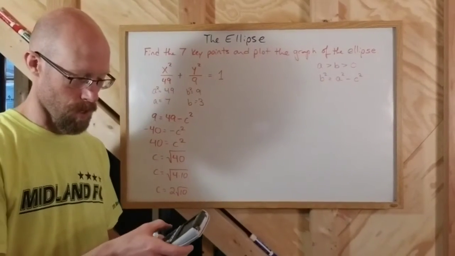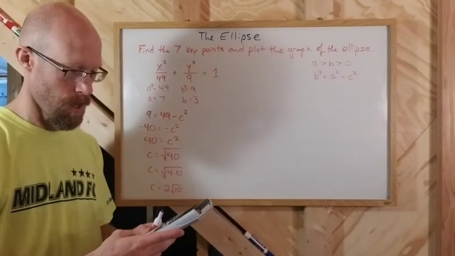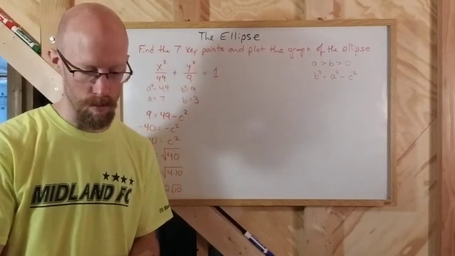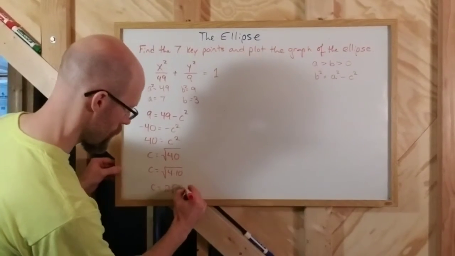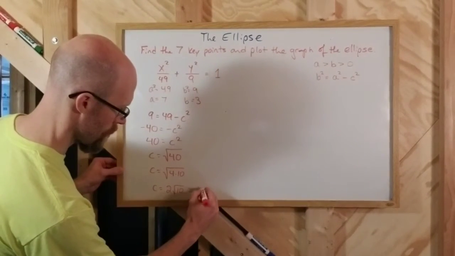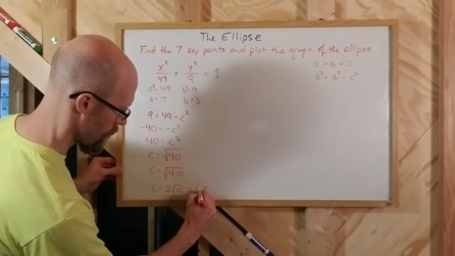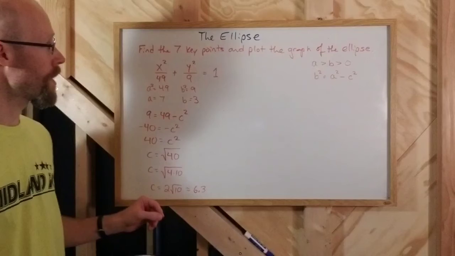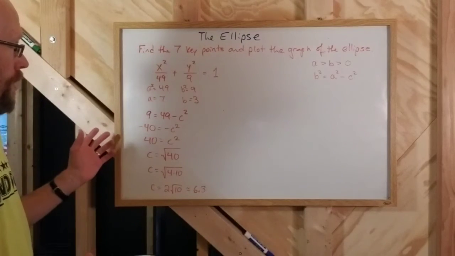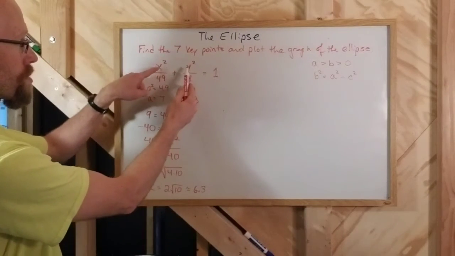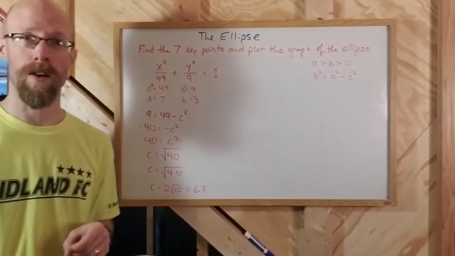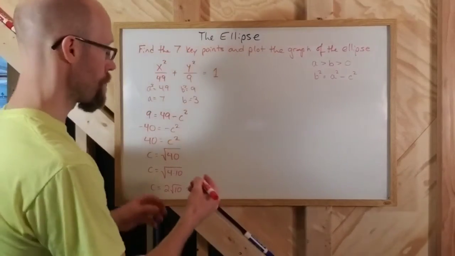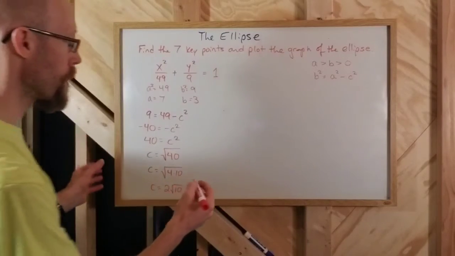So I'll go to my calculator, and I get about 6.3, slightly over 6.3. That will tell me where the foci lie. And I also have the center being 0, 0, because we're not shifting that graph. There's no h or k value, there's zeros. And so from there I should be able to get all of my points.